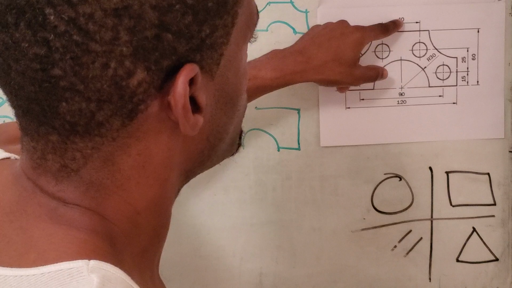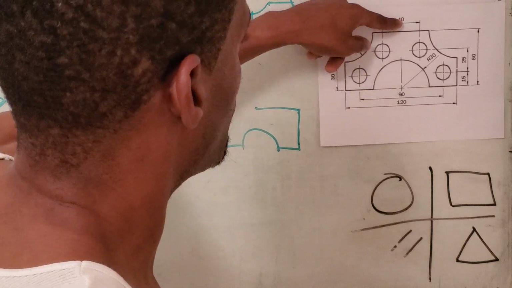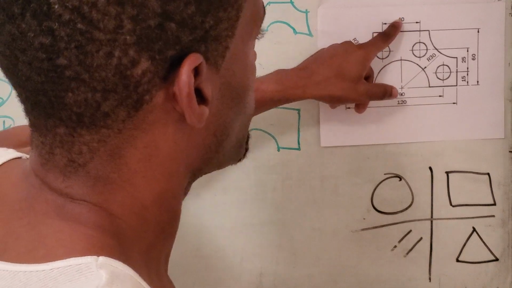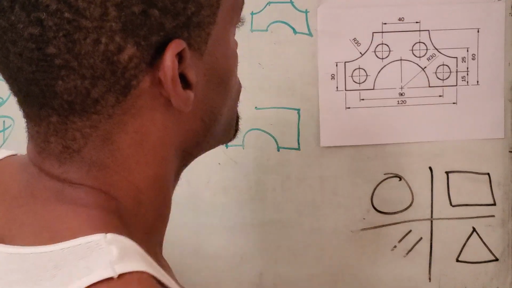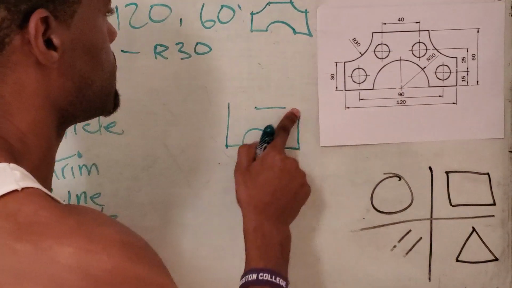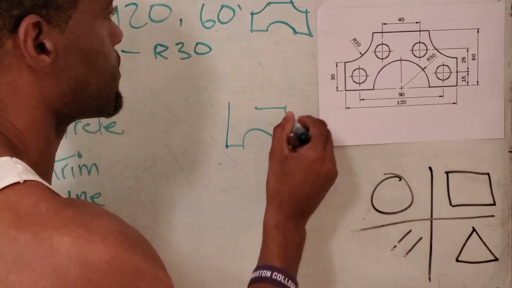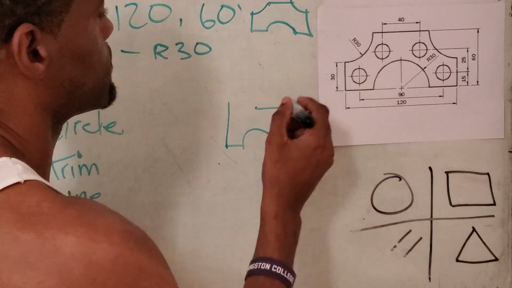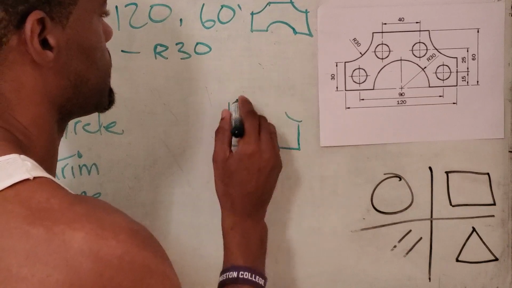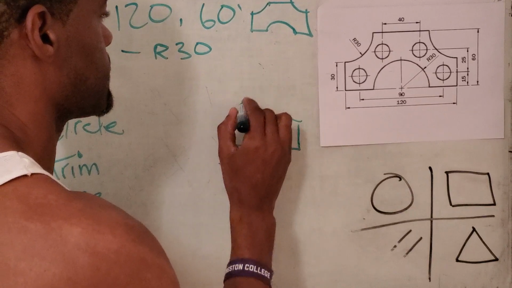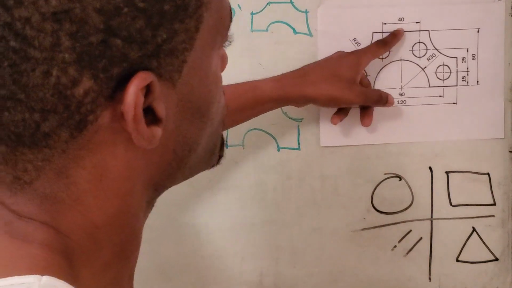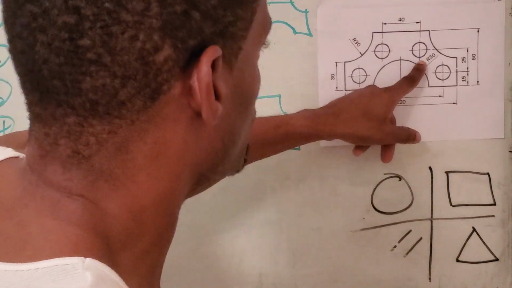And from this point, we could offset this down. We would then draw a line from the center, 20. So we draw a line from the center here, out 20 and down.